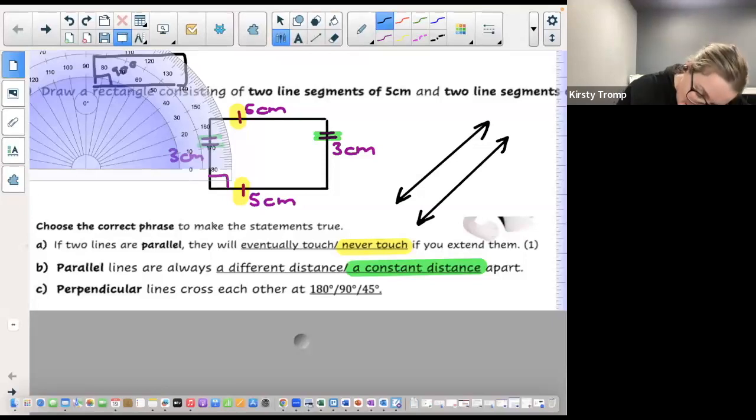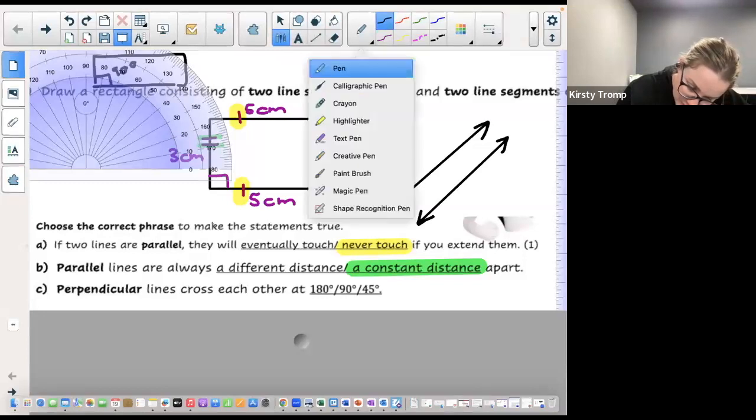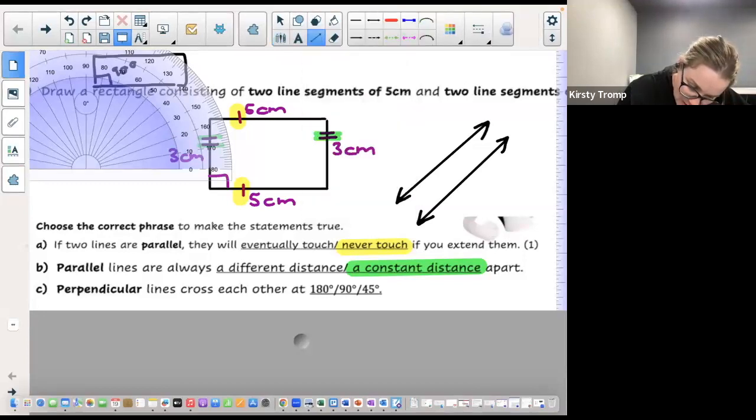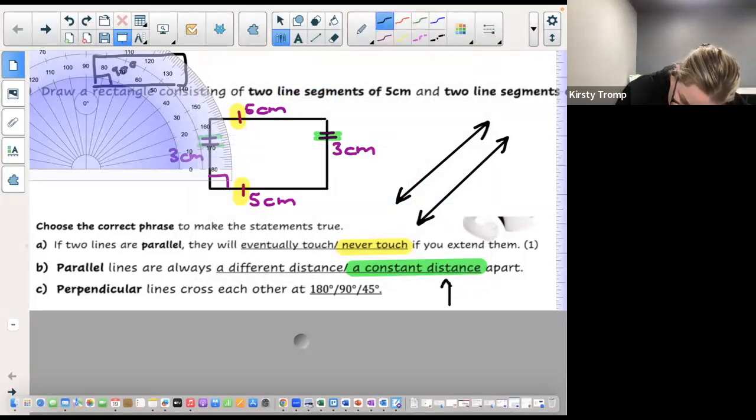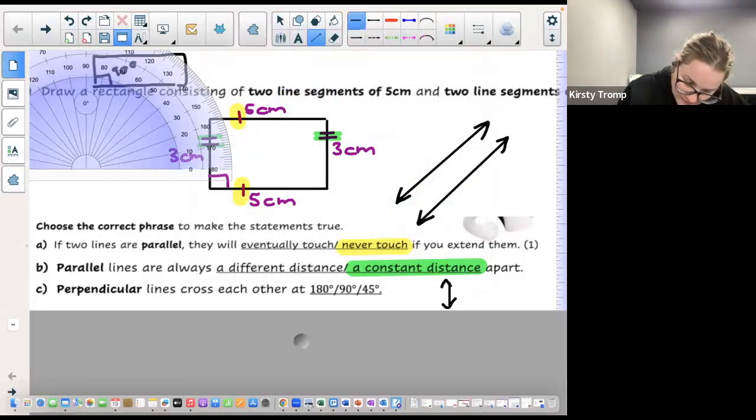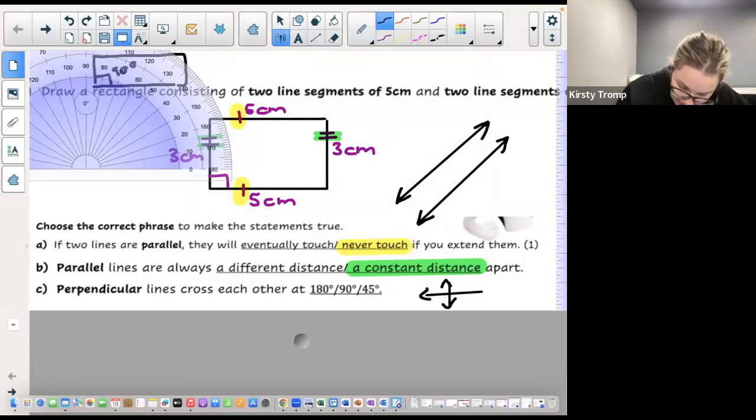Okay, so my lines kind of look like this. Let's draw a line again for ourselves. We'll have a line that's going like this, with an arrow and an arrow. And we'll have another line that's going through it like this, with an arrow and an arrow.